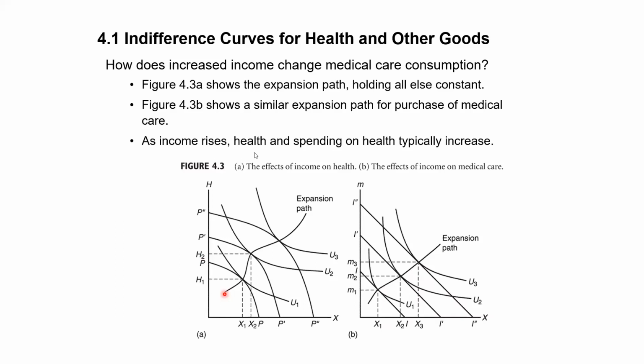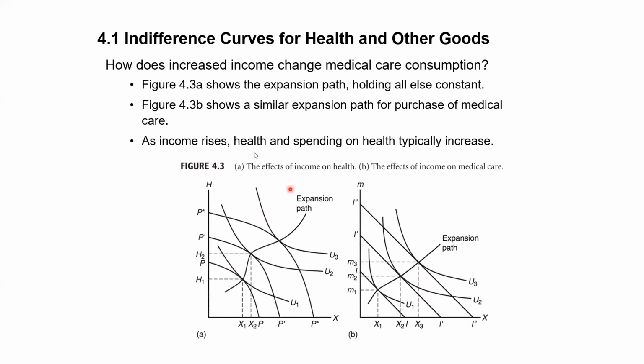So this is actually the first step in trying to derive demand curves for medical care, because these are the things that we can actually measure. We cannot really measure utility curves, but we can measure and take a look at demand curves.